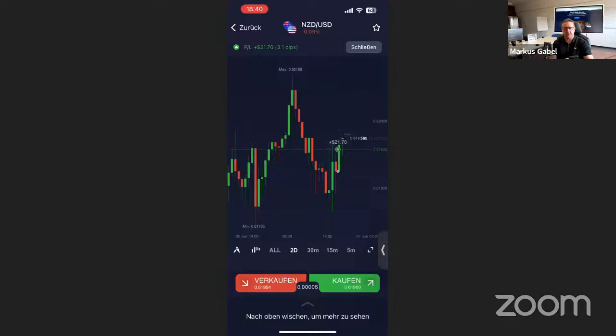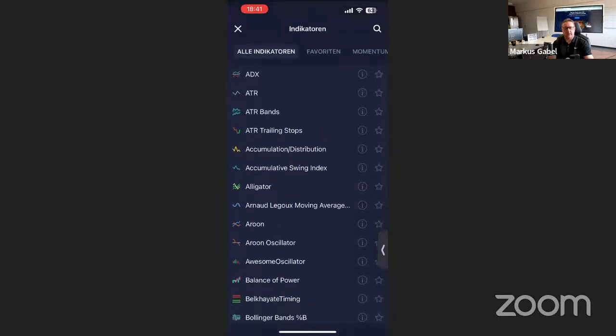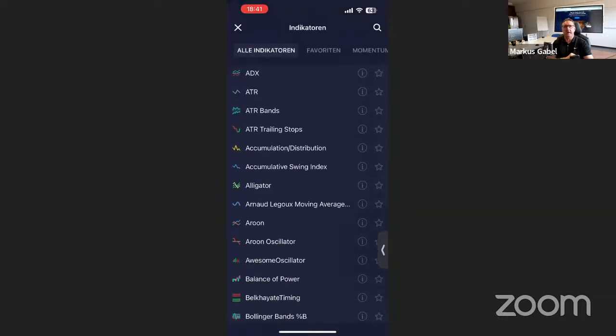Now you can change the time frame. For example, this is 10 minutes right now. If you click on this button here in the app, you can see indicators. Click on the indicators, and you have all indicators in your app.